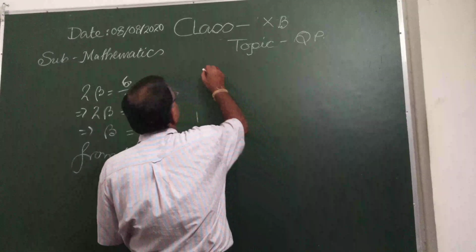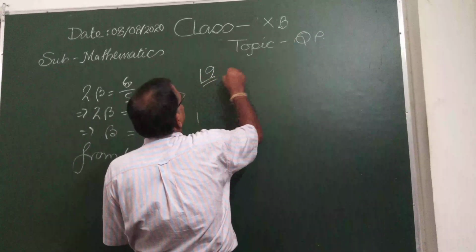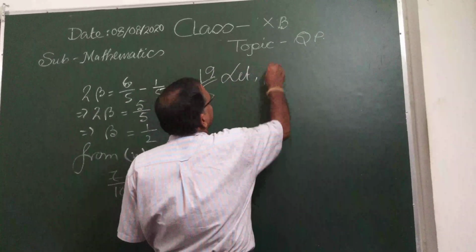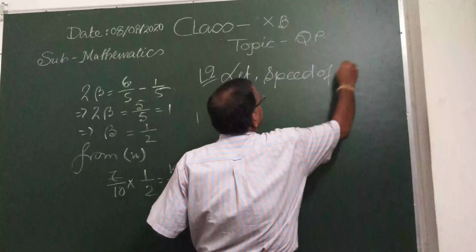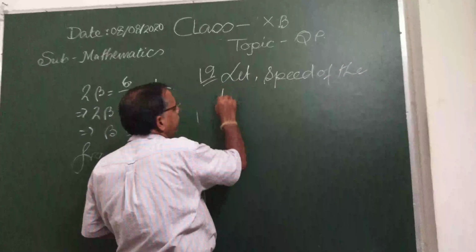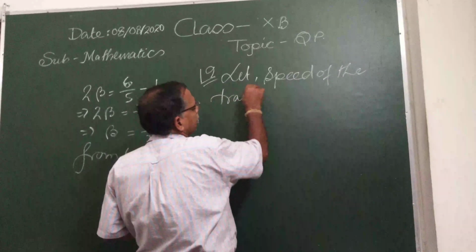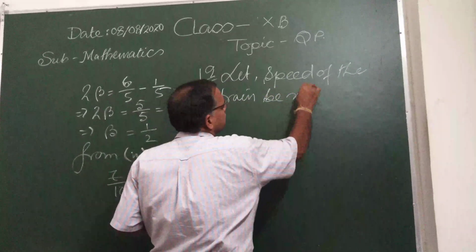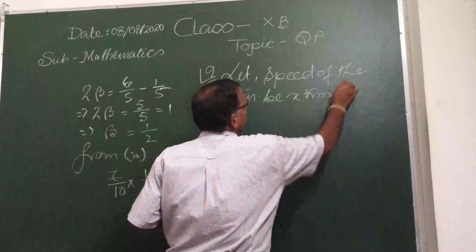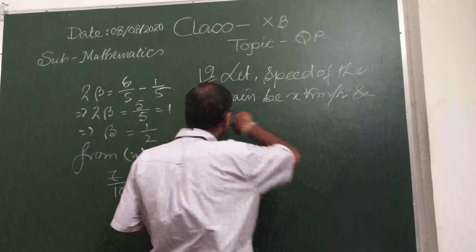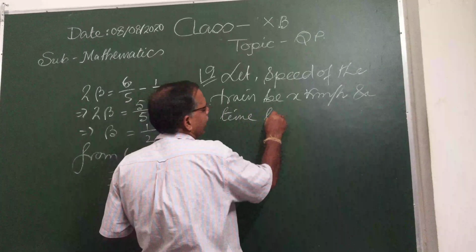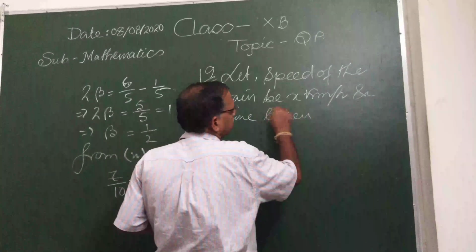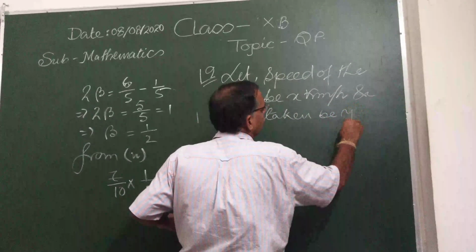So let the speed of the train be x kilometer per hour and time taken be y hour.